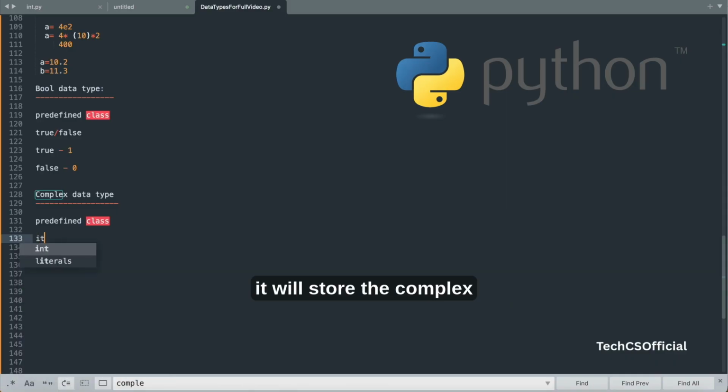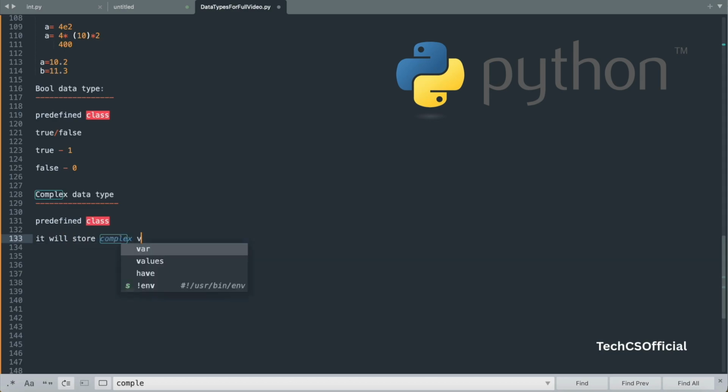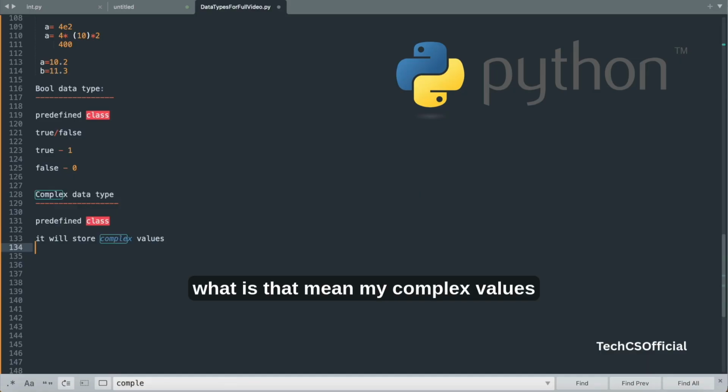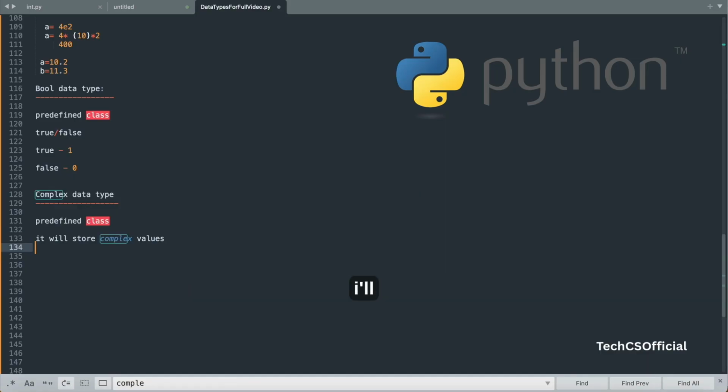So it will store the complex values. So what do we mean by complex values?